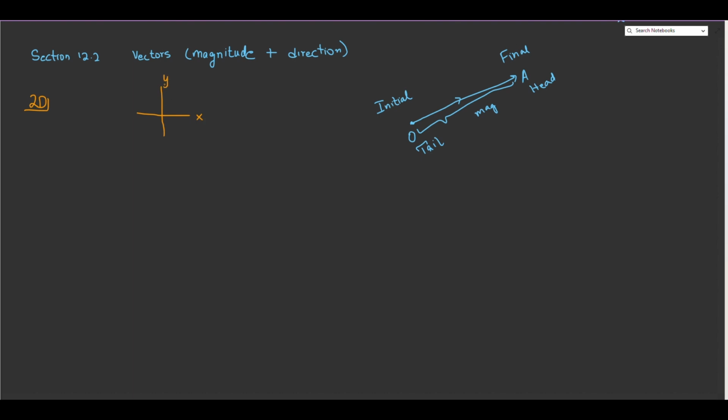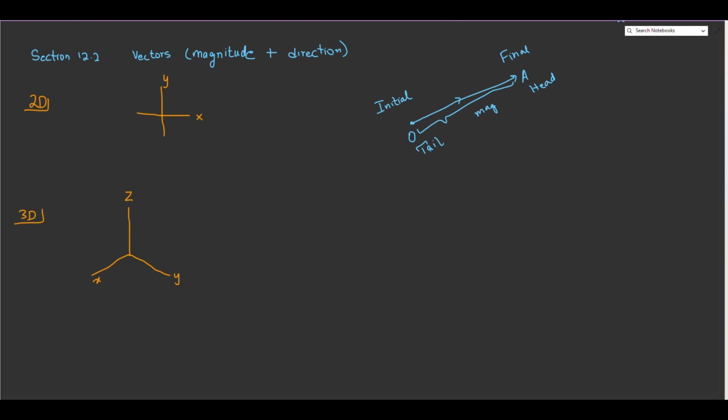In 3D we have three axes, as we discussed in section 1: X, Y and Z.